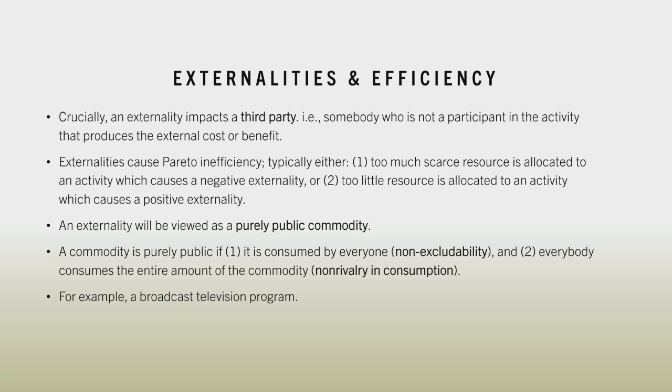So you have there a much better technical definition: too many scarce resources allocated to an activity which causes a negative externality, or too few resources allocated to an activity that causes a positive externality. Now, when externalities appear, how are we going to sort out this problem?